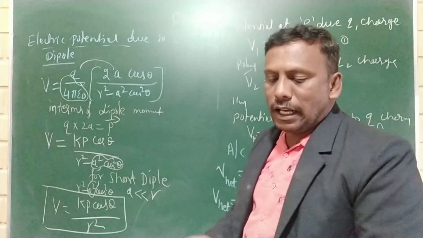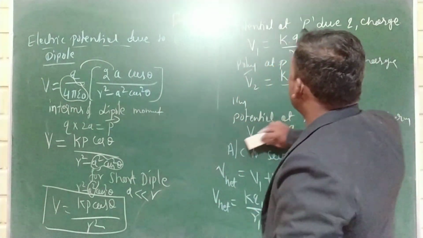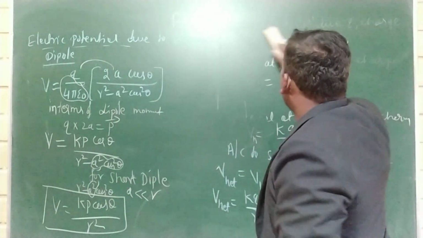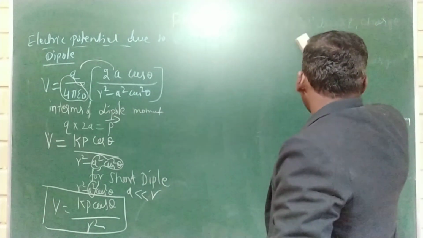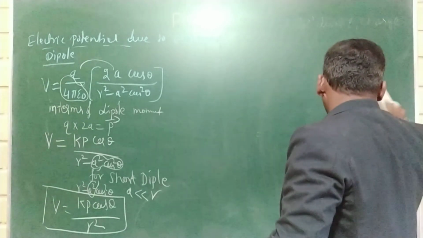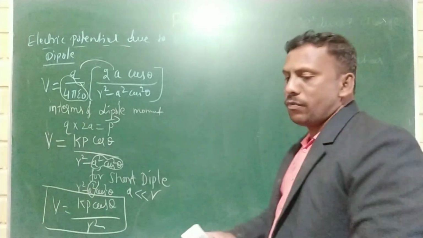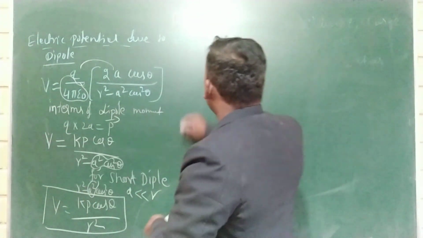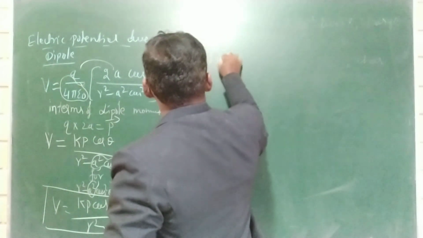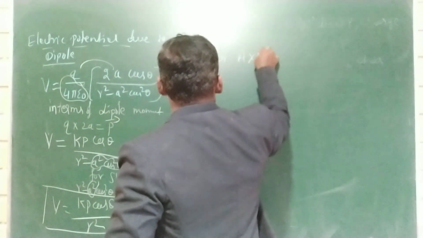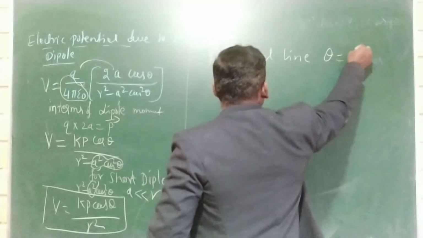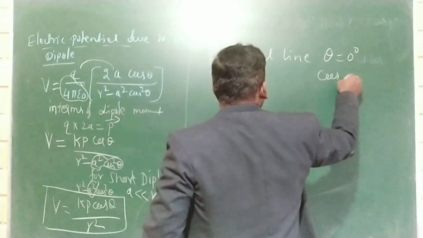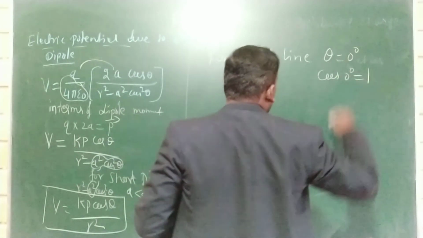For the axial line, what is the electrostatic potential? For the axial line, theta is equal to 0 degree, and cos 0 degree is equal to 1.